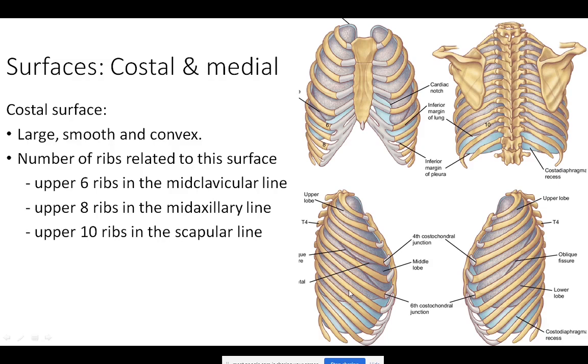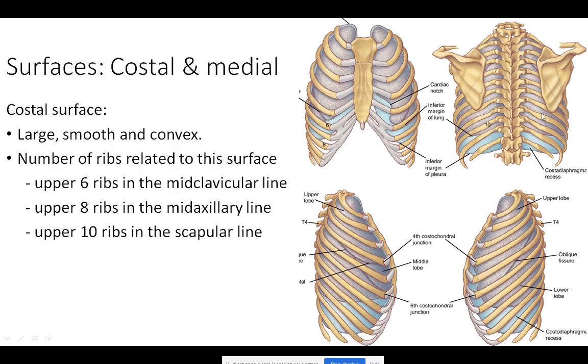In the middle of this mid-axillary line, we have the axilla region, right? So we can see here the upper 8 ribs are related with the costal surface of the lung, and the upper 10 ribs in the scapular line.